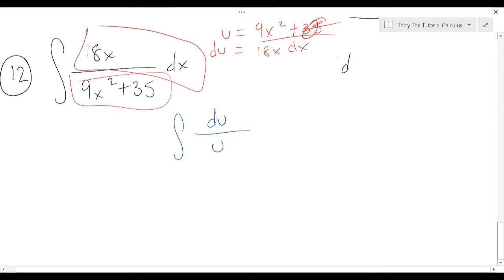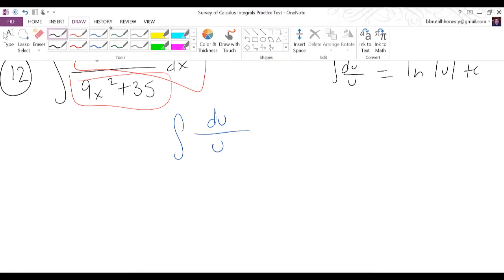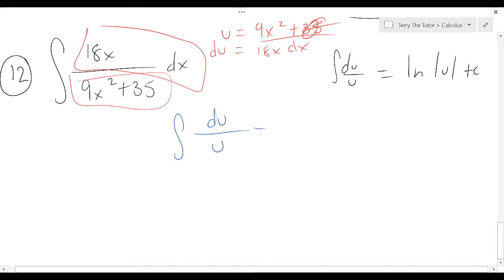The integral of du over u is equal to the natural log of the absolute value of u plus c.